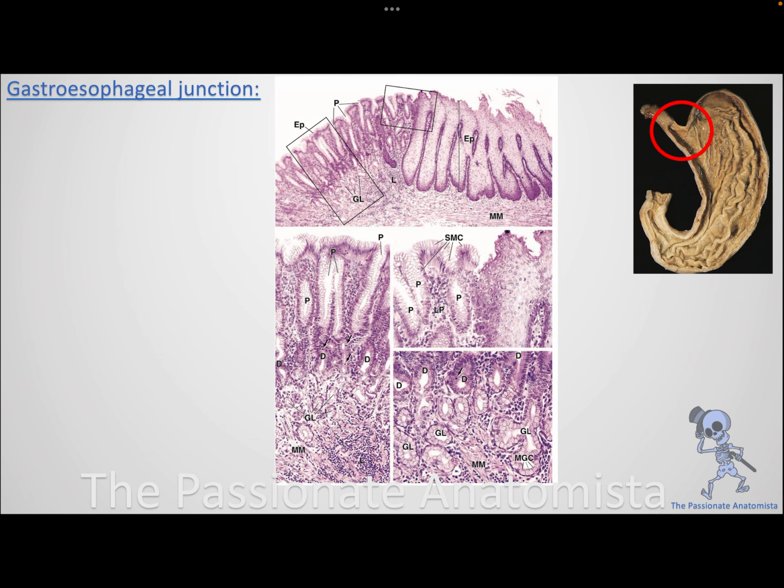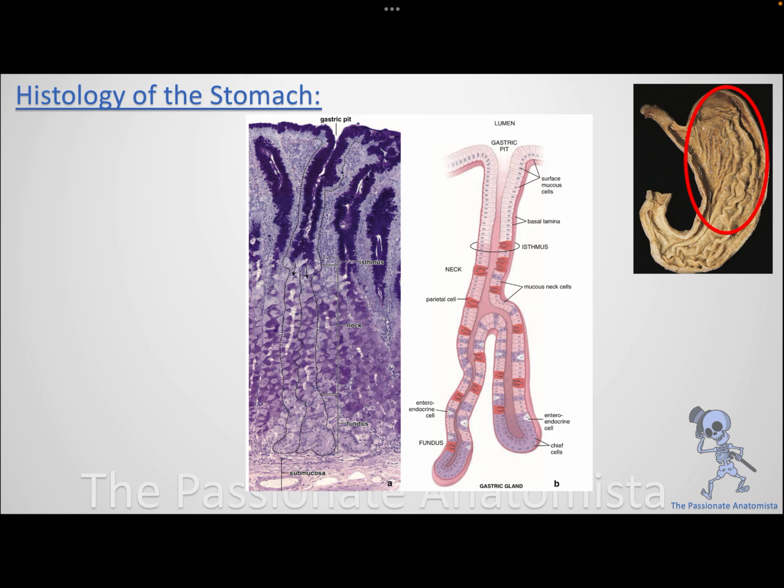And now I want to show you the histology of the stomach. Now we are moving from the esophagus to the stomach, and we are going to see why I have a simple columnar epithelium.